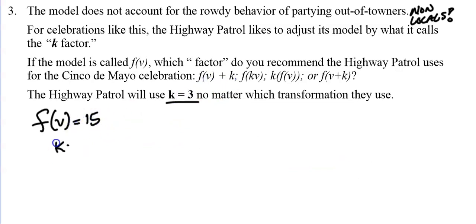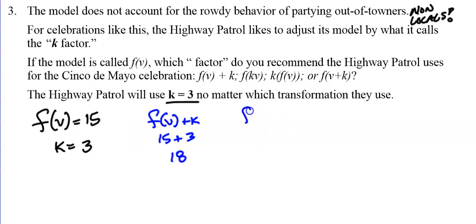If we just add K to it, the function of v plus K, which we'll call the blue one, we get 15 plus 3, which is 18, which is not that big of a difference.